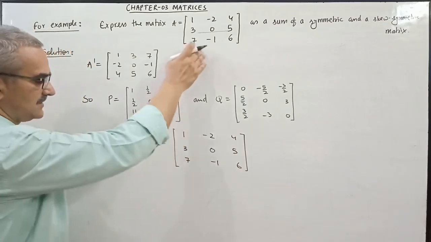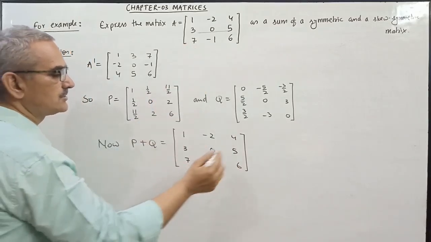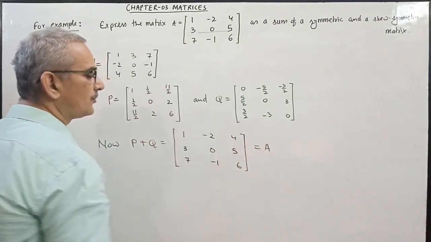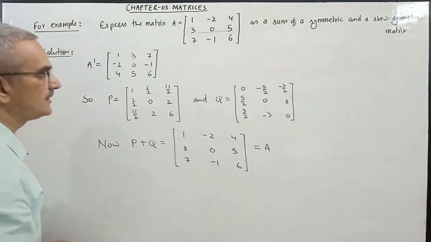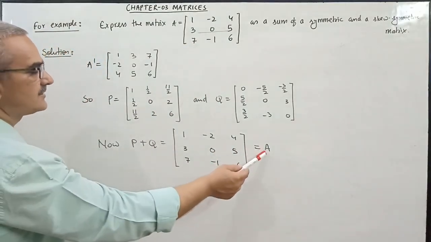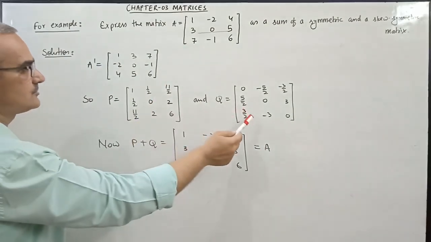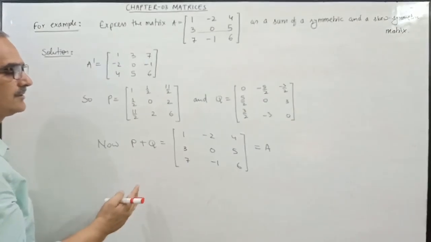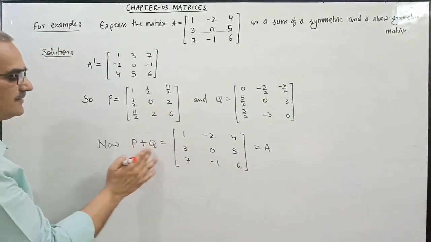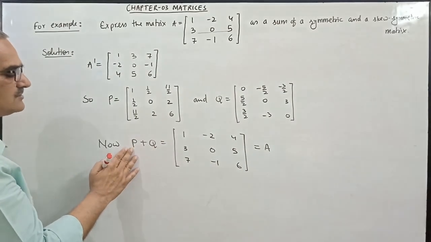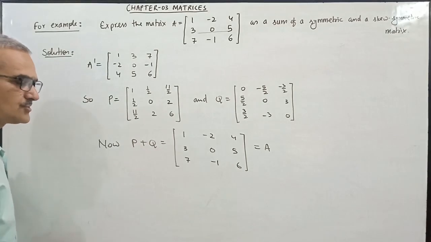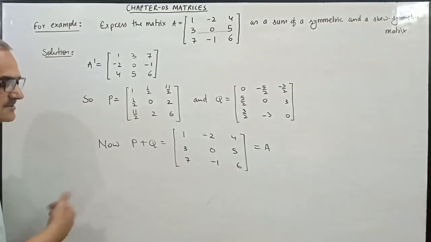So is this the same? Yes, P plus Q is equal to A. Okay, so that proves that a square matrix A can be split as a sum of a symmetric and a skew symmetric matrix. So here A is the sum of these two matrices, in which P is a symmetric and Q is a skew symmetric matrix. I hope that this is clear to you.